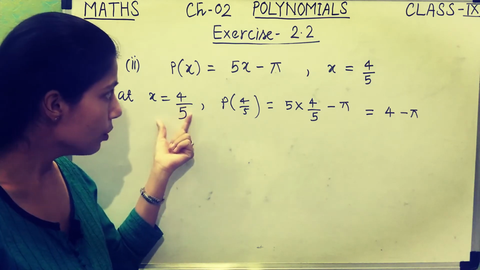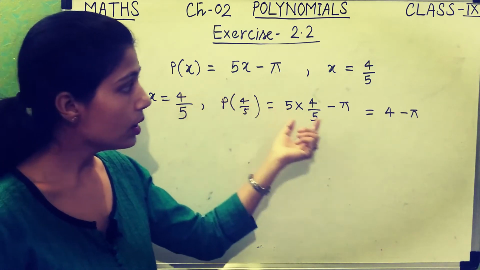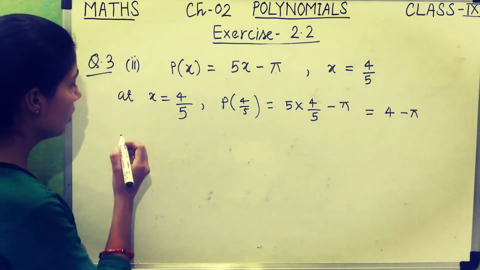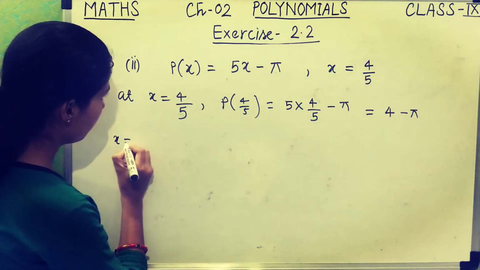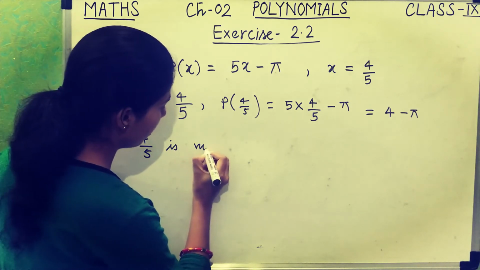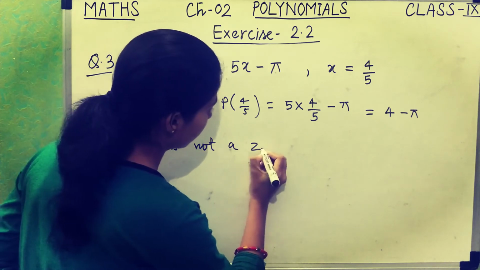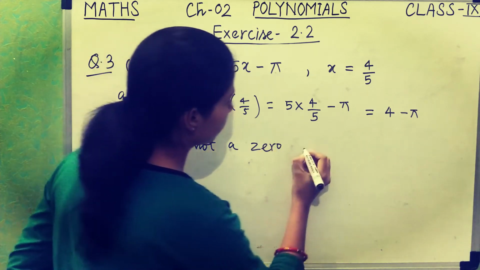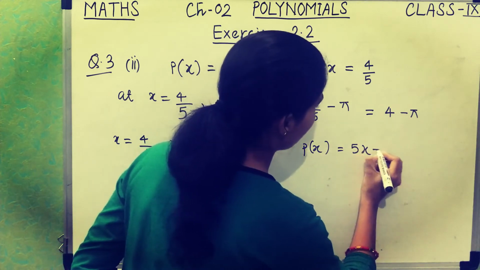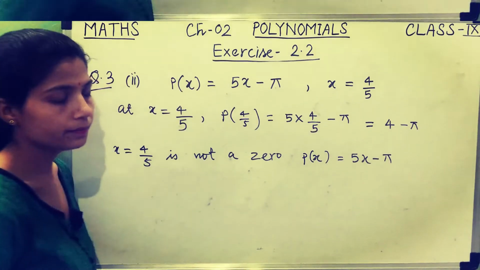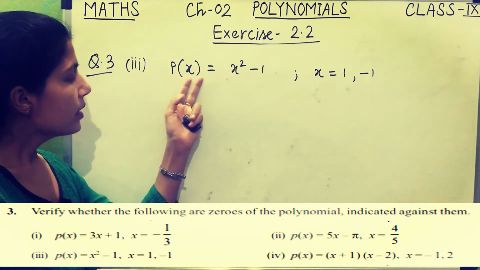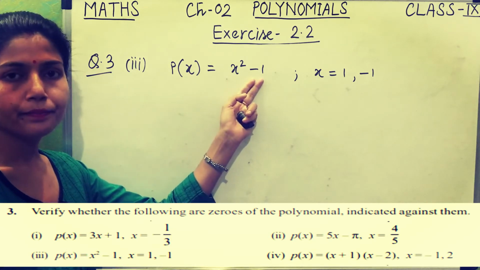If it were a zero, then the polynomial surely would have value 0, that is not here. Okay, so x equals 4 upon 5 is not a zero of the polynomial 5x minus pi. Okay, so third part is p(x) equals x square minus 1.